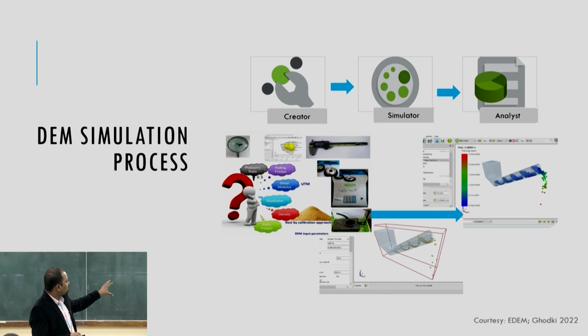Once we put in the properties with a certain contact model, we need to define or import our own geometry. Say in this case a screw conveyor is there and material is fed from the top side at a certain feed rate, say 2 kg per hour. And we need to define the direction of rotation of this screw and at what speed.